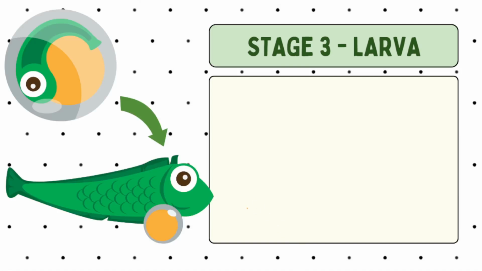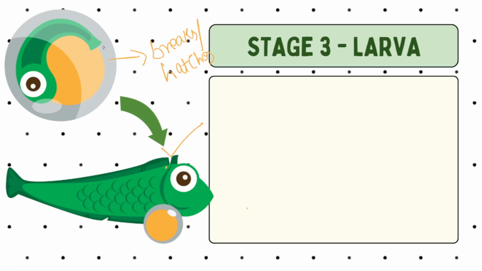Okay, the third stage is larva. So what does it do? Till now we have seen the fish inside the egg. Now the egg breaks, or hatches, and it forms a larva.